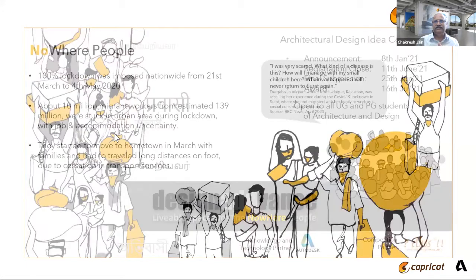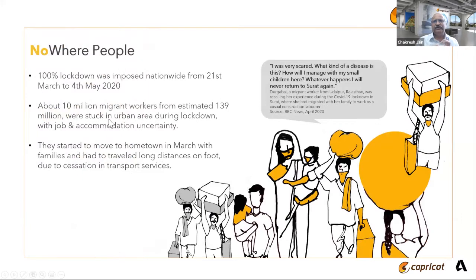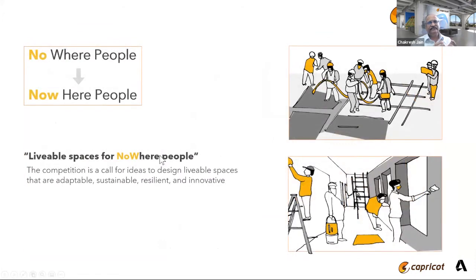Of course, we don't have the definite number, but more than 10 million workers, a lot of them from construction, were migrating and started walking. It highlighted this issue of what a lot of people have been calling invisible people. There are so many people who have been serving the country but are not so visible in the media.